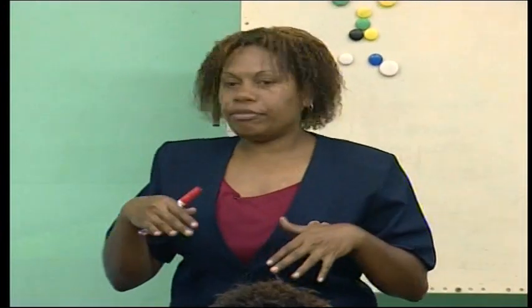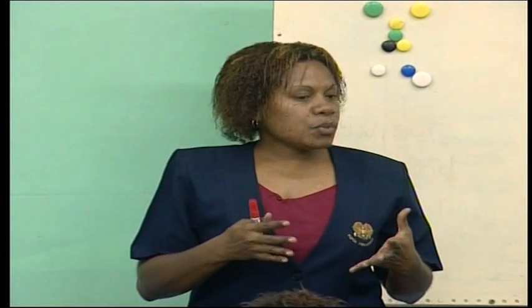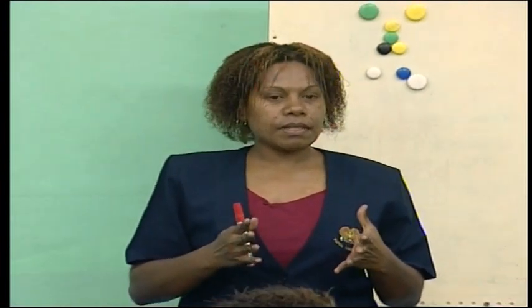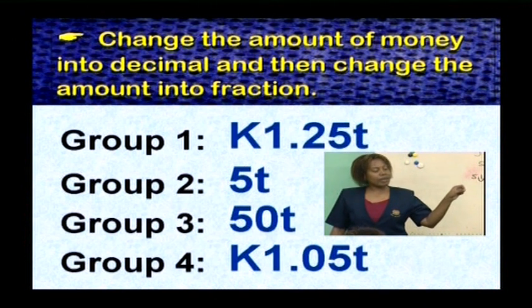So class, the 4 groups each have an amount of money, and this is what they're going to do. Receiving students, you're going to change that amount of money into decimal. You write it in decimal.